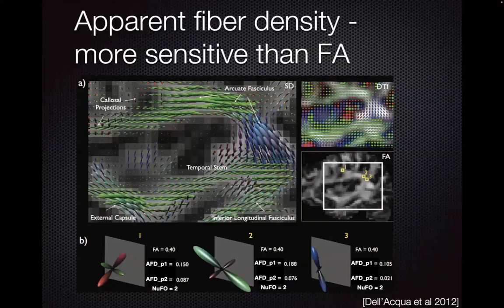But suddenly, this is the famous arcuate fasciculus, the language tract coming here in the temporal lobe. Suddenly, instead of following FA, I chose 3 voxels, 1, 2, 3, and the FA there is perfectly equal, 0.4.